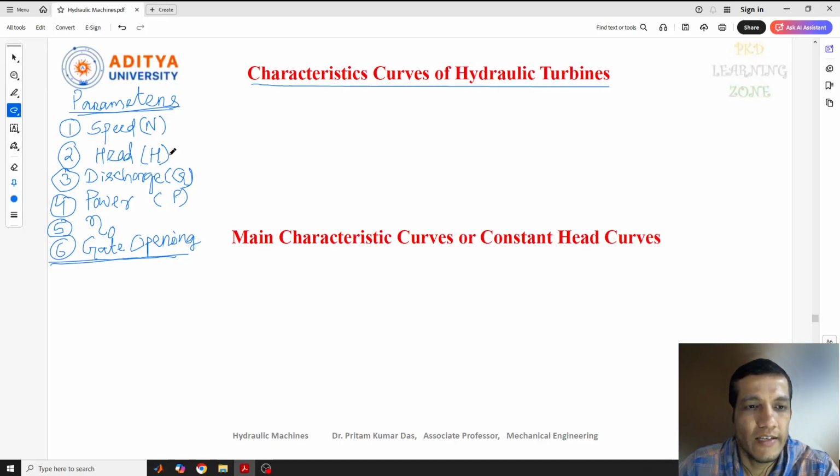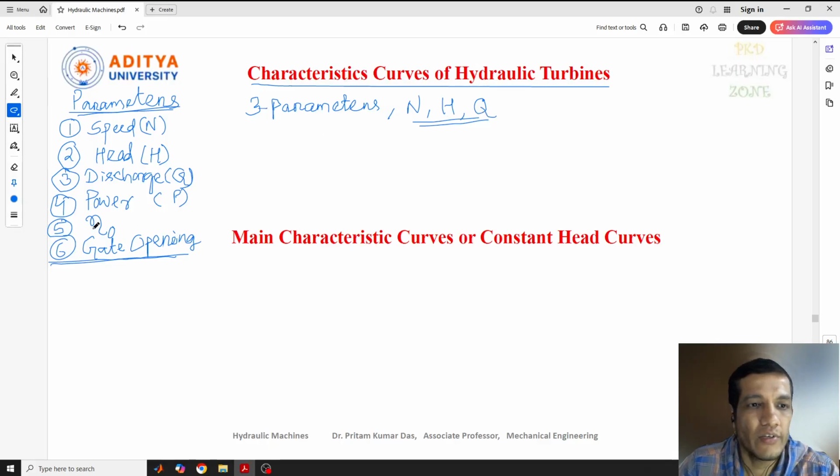Out of these 6 parameters, 3 parameters are independent parameters. These 3 parameters are the speed of the turbine, N, the head, H, and the discharge, Q. These are called independent parameters.